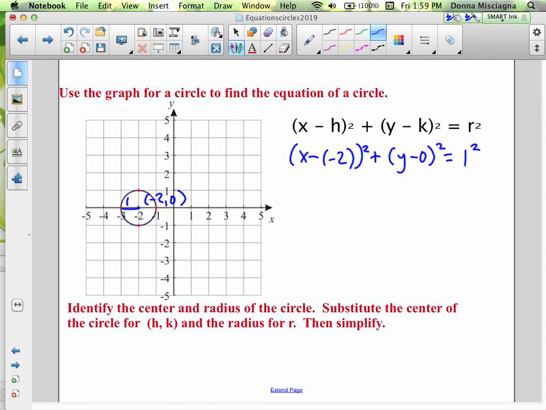And then we can simplify the double negative, x plus 2 squared. We can drop the minus 0, and that's a pretty easy squaring there. And that's the equation for that circle. This one is not in your notes. The next one is.